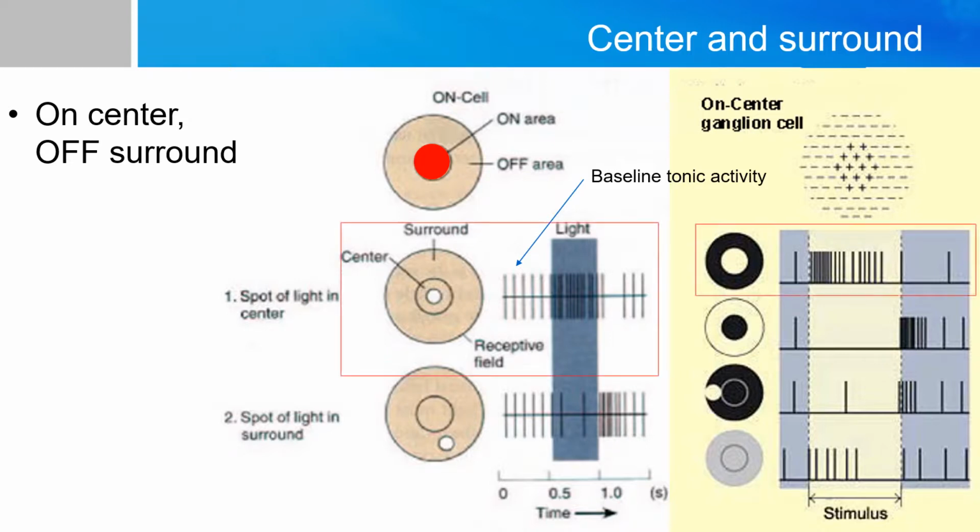If light is shined on the center of this cell's receptive field, this excites the ganglion cell, causing it to emit action potentials at a higher frequency, as you can see in this example in the red box.